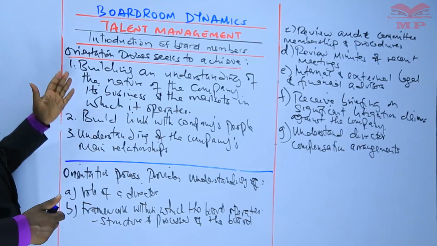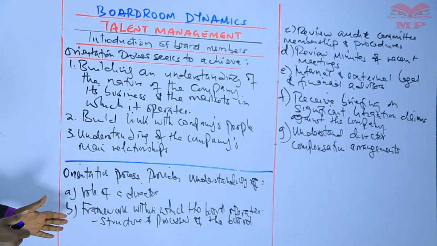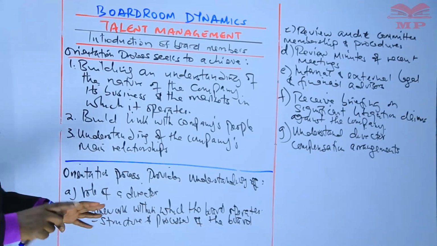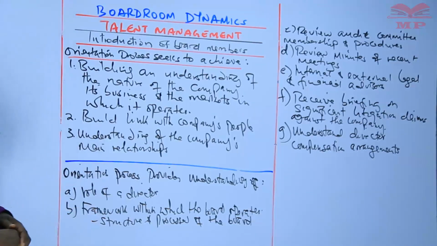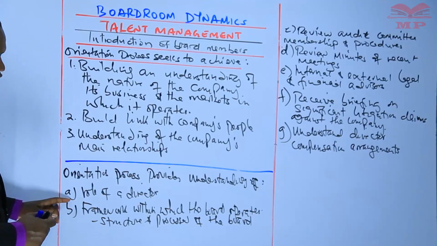Then we have outlined points here to indicate the kind of understanding that is required of a new member before embarking on his or her duties as a board member. One, a new board member should understand the role of a director.